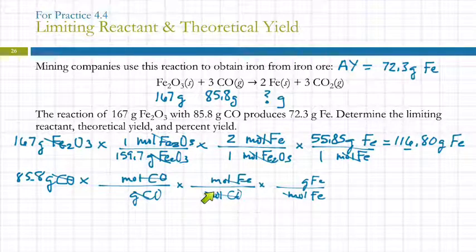So mole ratio, 3 moles of CO gives us 2 moles of iron. 2 moles of iron, 3 moles of CO. The last one's also easy because we already did it. And then carbon monoxide is just carbon, 12.01, plus 16 for the oxygen, 28.01.